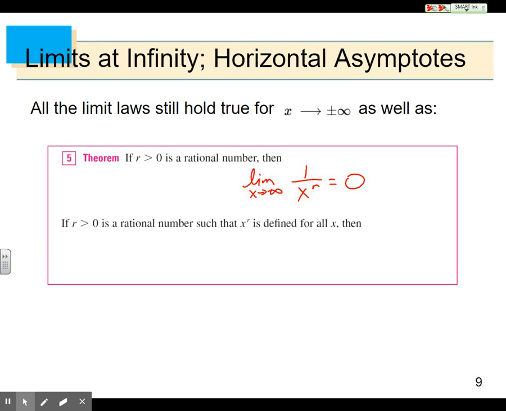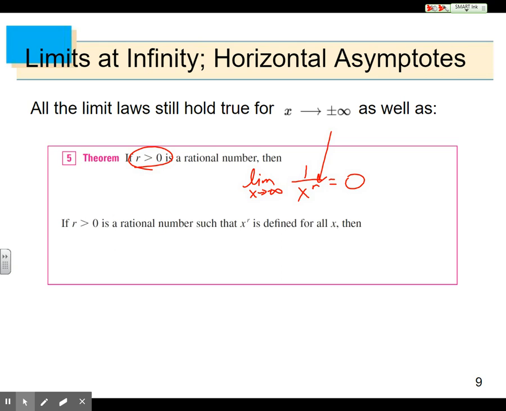What does that mean? Well, we just did it a while ago in the last example. We just took 1 over x to the first power, and hopefully you told me it was 0. I'm here to say it doesn't matter what this power is, as long as r is greater than 0, so we're not dealing with any negative exponents, you should get 0 every time.